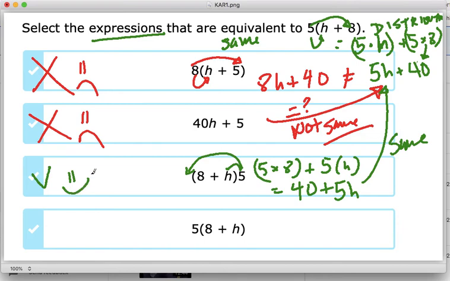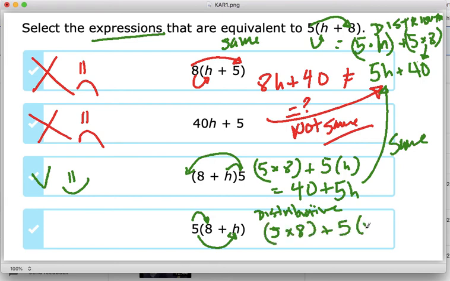Happy. And let's go over here. 5 times 8, 5 times h, again using distributive property. And we get 5 times 8 plus 5 times h.